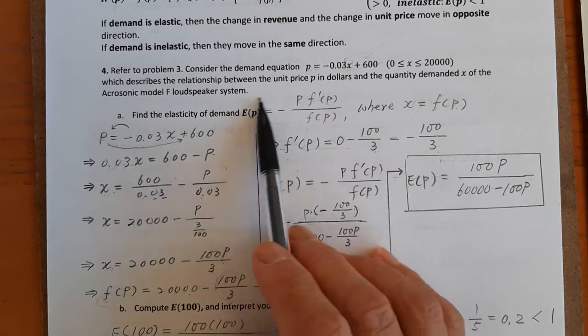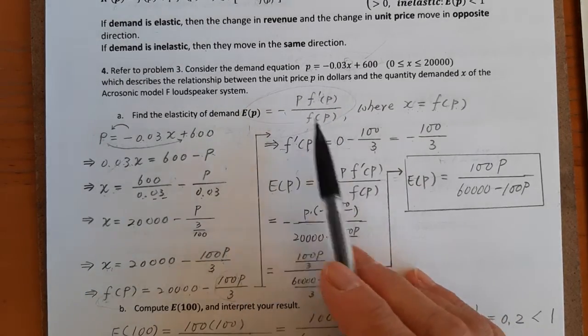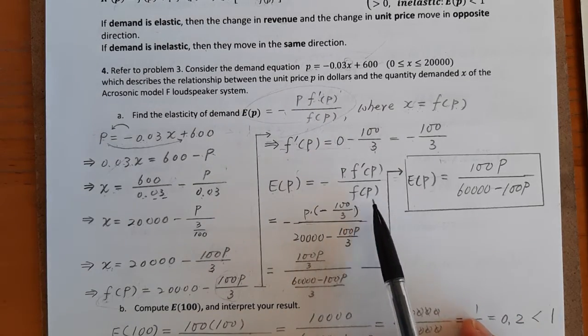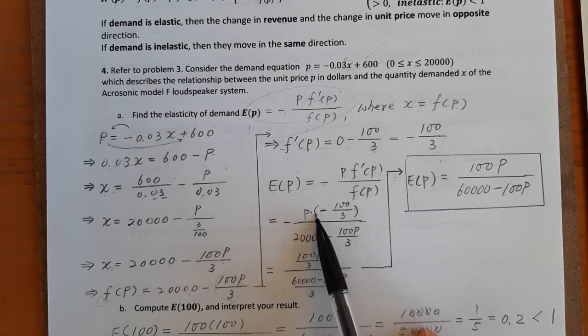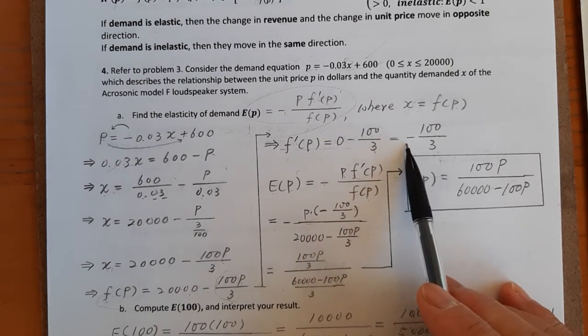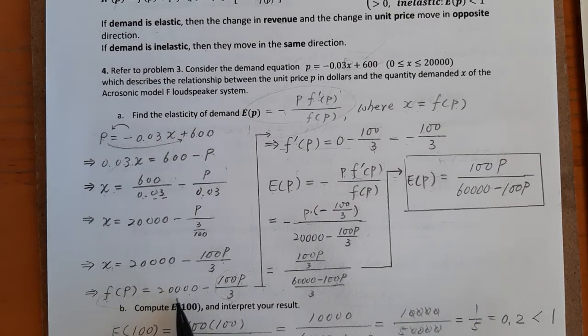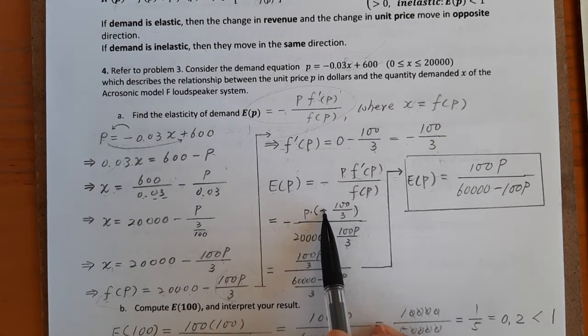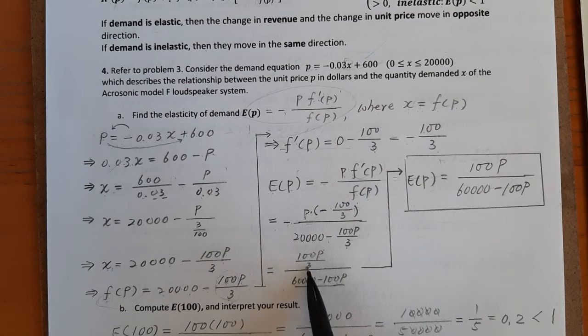And plug into this, so E of p equals negative p times f prime of p over f of p. Negative p times f prime of p, which is negative 100 over 3. What is f of p? F of p is this, 20,000 minus 100p over 3. Negative times negative becomes positive, and 100 over 3 times p is 100p over 3.